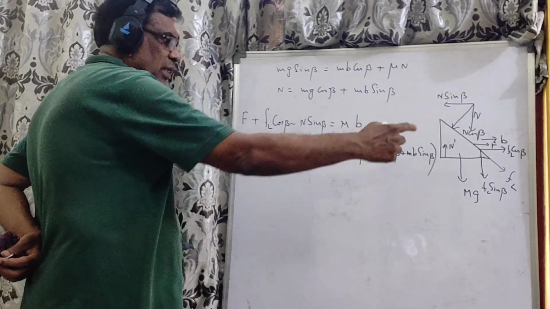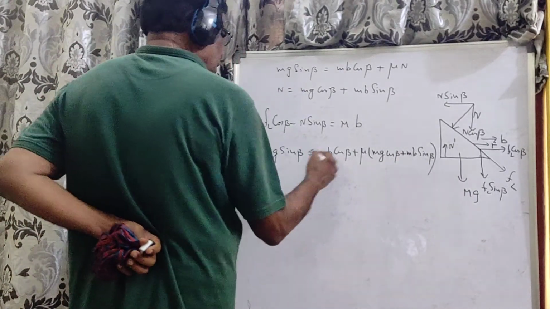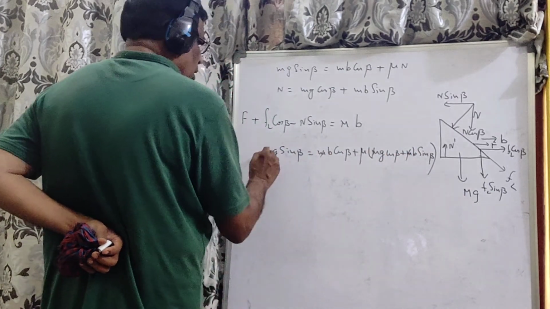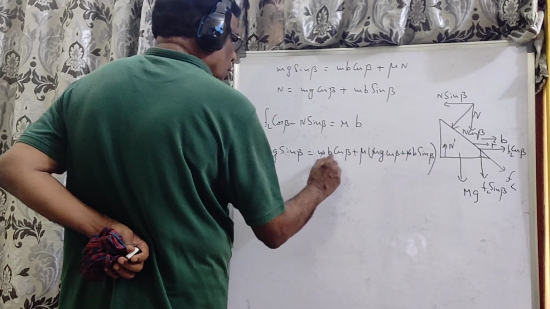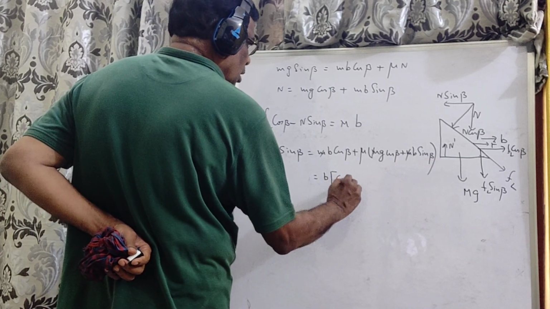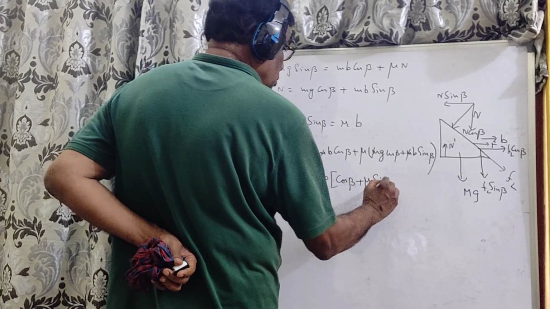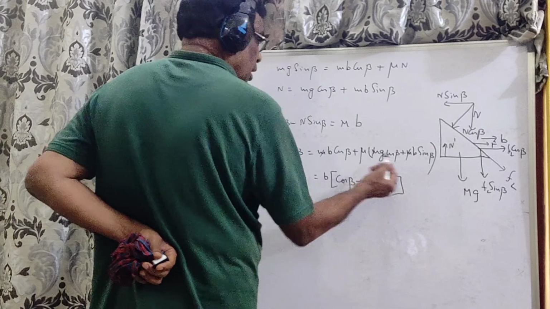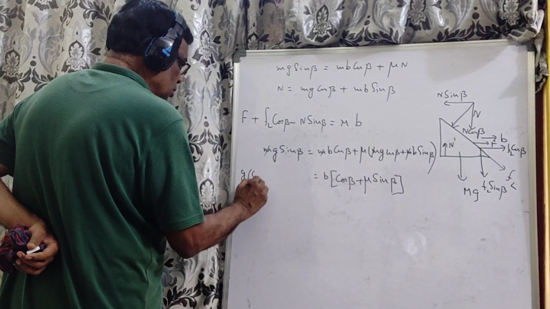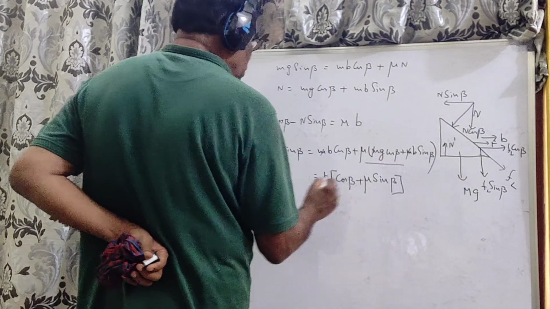Don't get confused with the lengthy expressions that you are getting. Retain B. So I think M is everywhere. On this side you have B into cos beta plus mu sin beta. And if you bring the rest onto this side, G into sin beta minus mu cos beta.